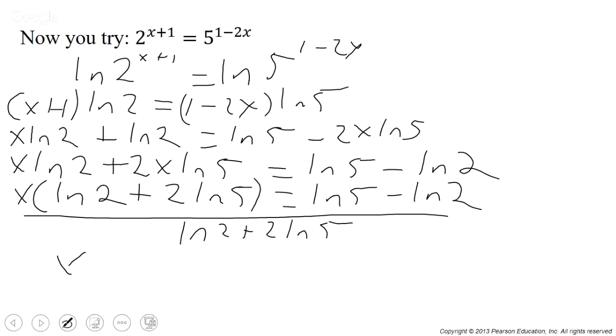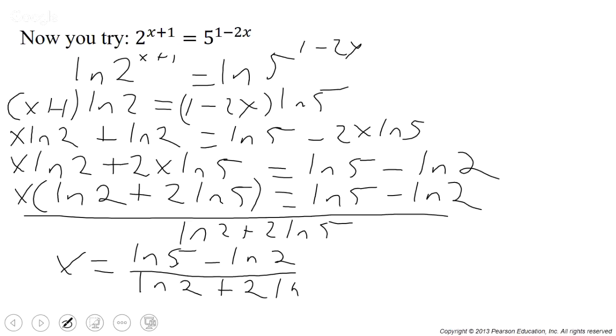So that gives me x equals ln of 5 minus ln of 2 over ln of 2 plus 2 ln of 5. So there is my exact solution. If you want to put it in the calculator, just make sure that you do all the parentheses. Parentheses on the top and parentheses on the bottom. Okay?